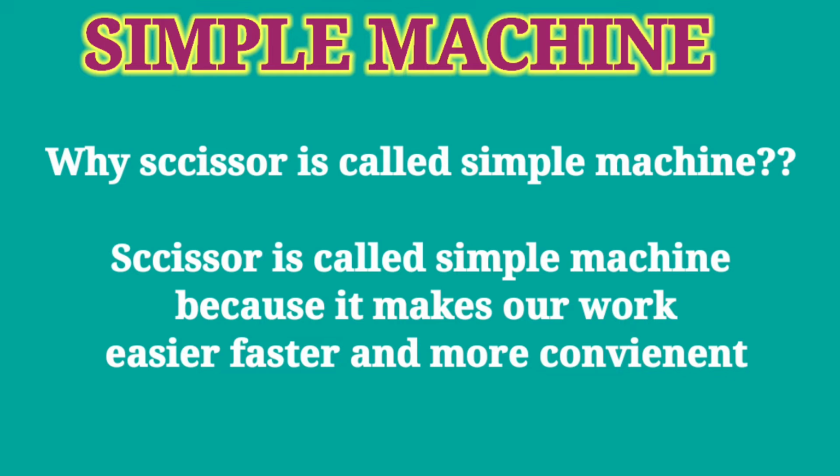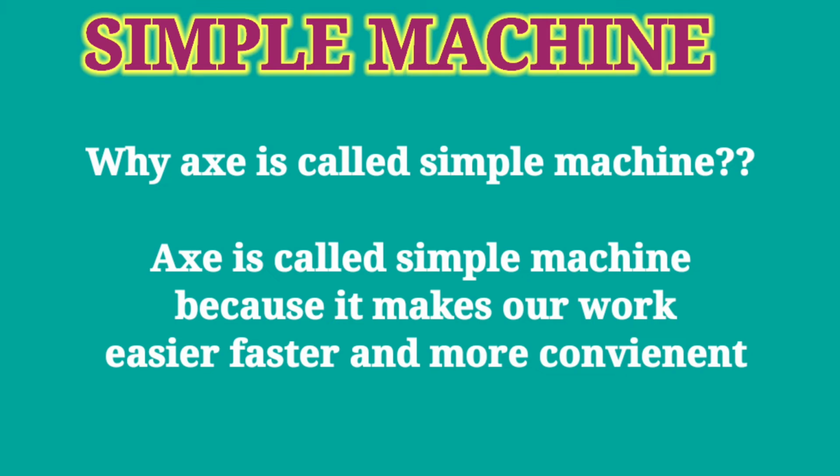And at last, why is axe called a simple machine? Axe is called simple machine because it makes our work easier, faster, and more convenient. All the answers are the same for different questions. So maybe you have understood what is simple machine.